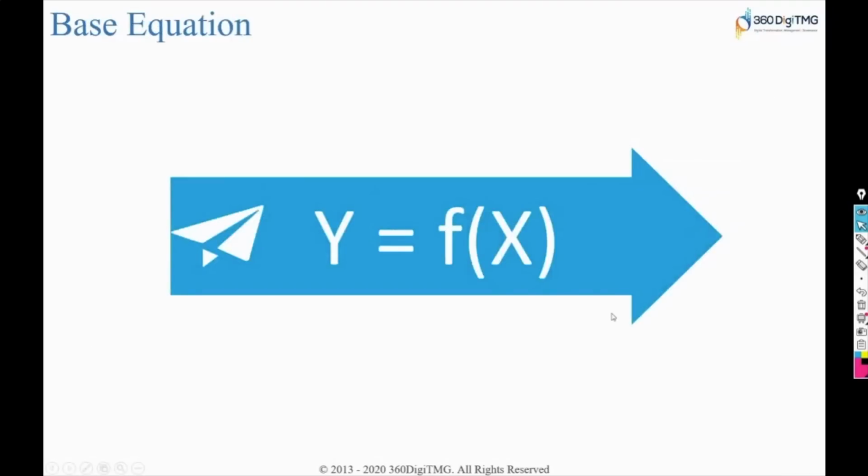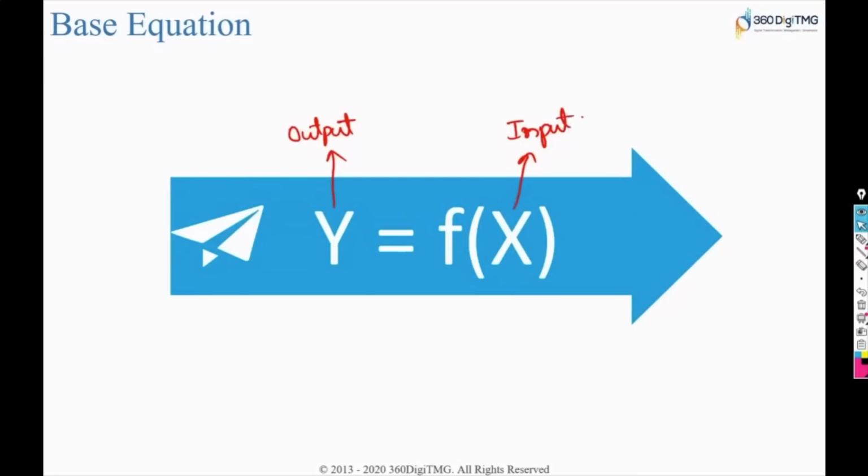All right. Even before we proceed further with scatter plot, I need to help you understand an important equation called y equals f of x. Y is called the output variable and x is called the input variable.